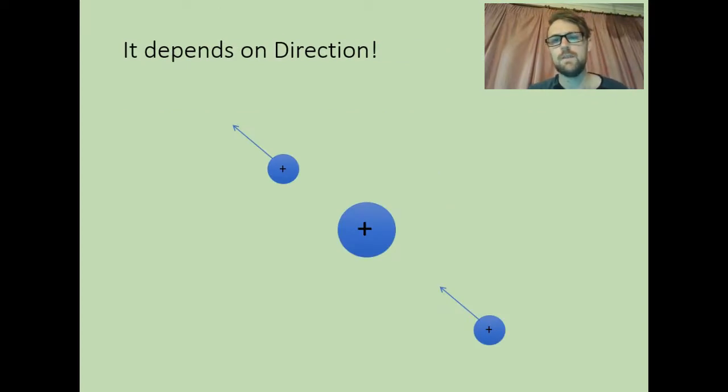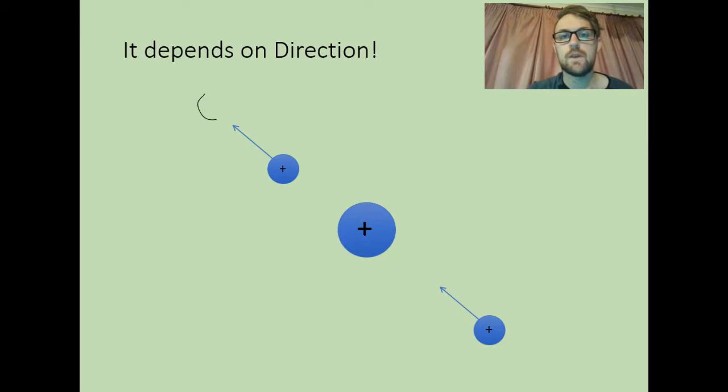So we have three objects here. The middle one is positive charge, and the outer two are also positive charge. If we have a look at the direction of the top one, two positive charges are going to repel, and our object is moving, the arrow is pointed away, so it's going to repel as well.